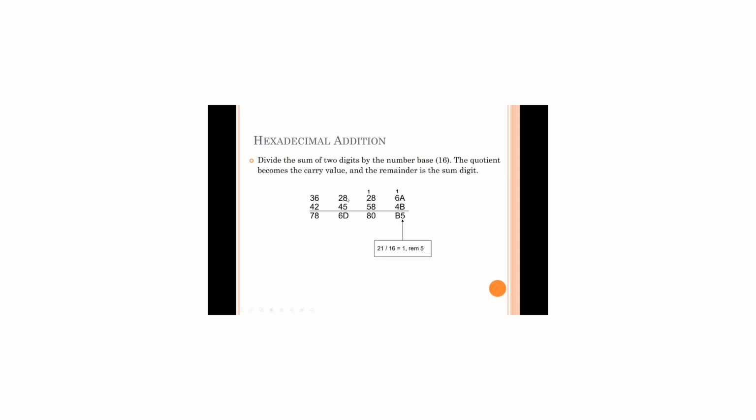You don't carry over, sorry. So 8 plus 5 is 13, which is the letter D, and it does not go beyond 15, which is the last hexadecimal digit.